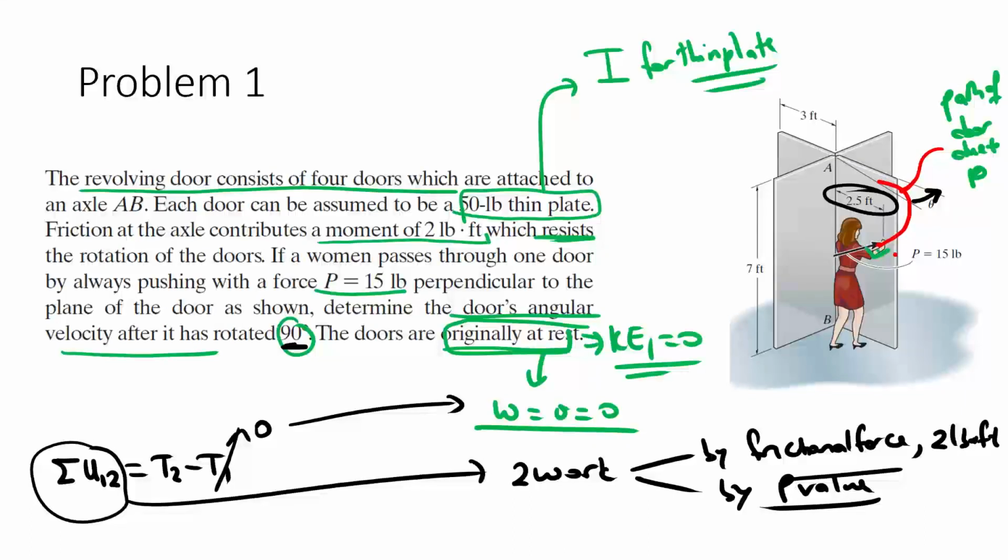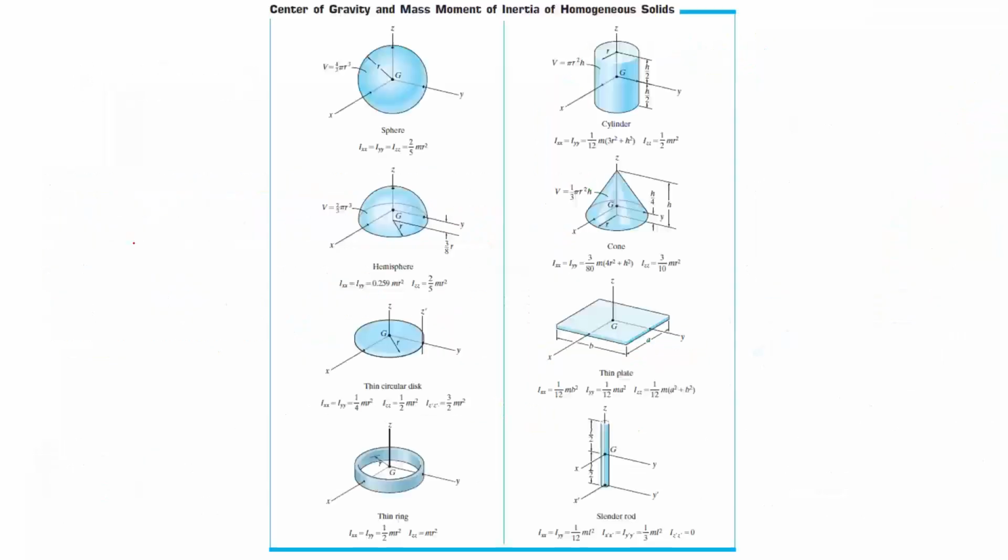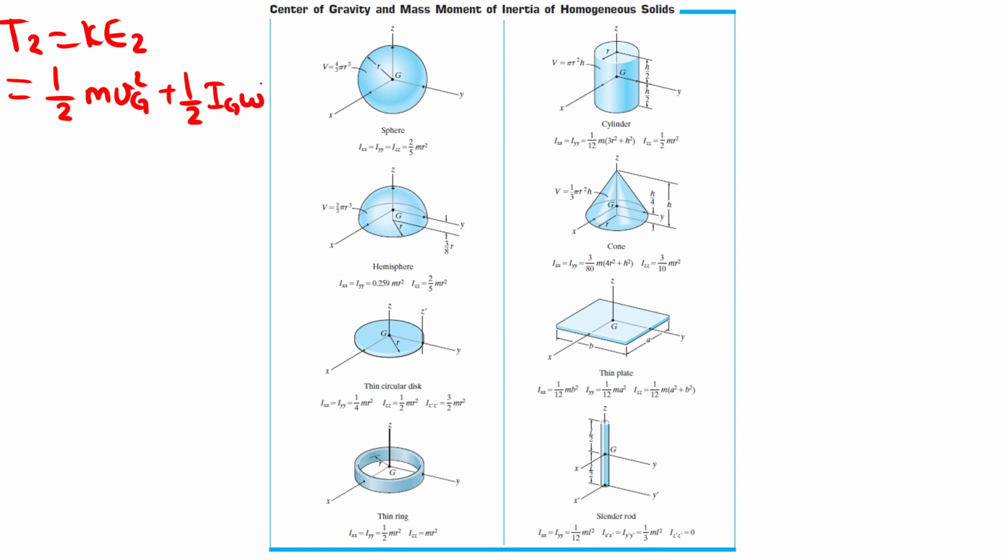The second part, which is the T2. We have found the first one, and now comes the T2, which is kinetic energy 2. That kinetic energy 2 will be 1/2 m vg squared plus 1/2 Ig omega squared.